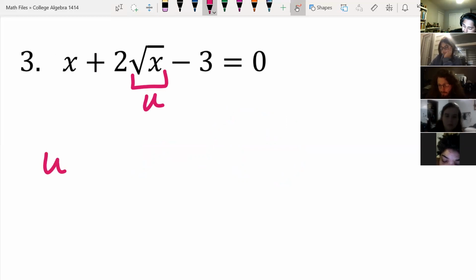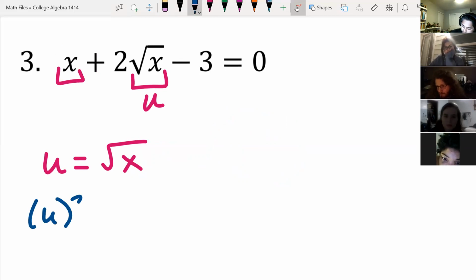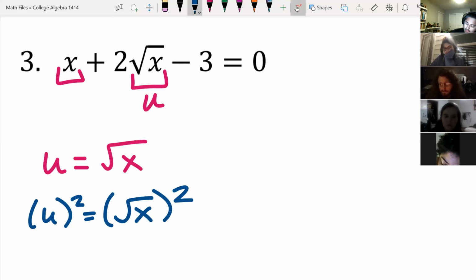Here's our substitution: u equals the square root of x. Now we need to cover the leading term of x. Just like on the last ones, if you square them, you get u squared equals, and what is the square root of x squared?